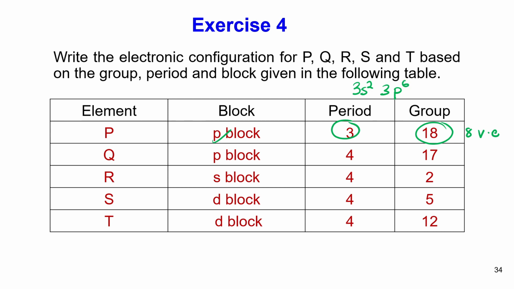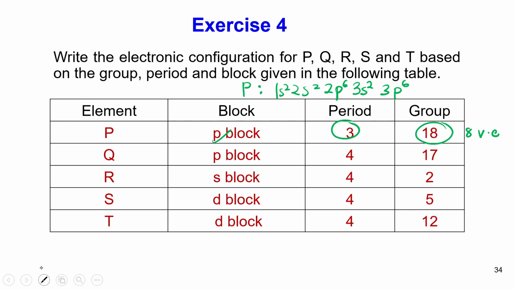So 3s2, 3p6. To write the full electronic configuration for element P, we just reverse. Start from 1s2, 2s2, 2p6, then continue 3s2, 3p6. So this is the electronic configuration for element P.